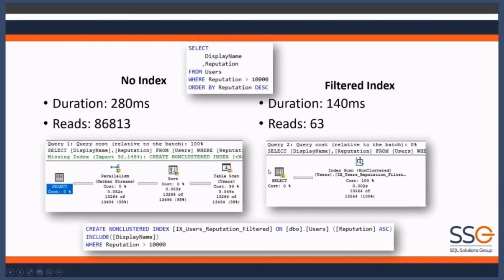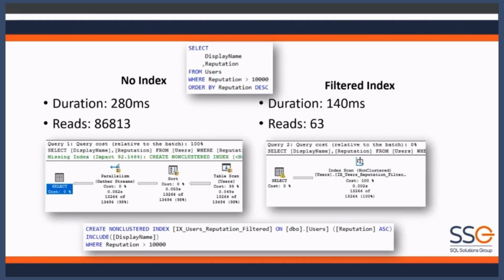We've got an example of it. So here at the top is the query. I want to return the display name and reputation of all users where reputation is greater than 10,000. And I also want to order it by reputation descending, so I want the people with the highest reputation at the top of my list. Now at the bottom, you can see the index that I created.